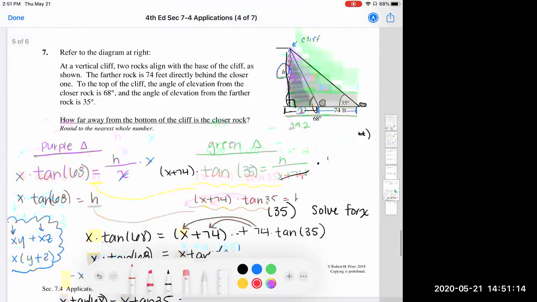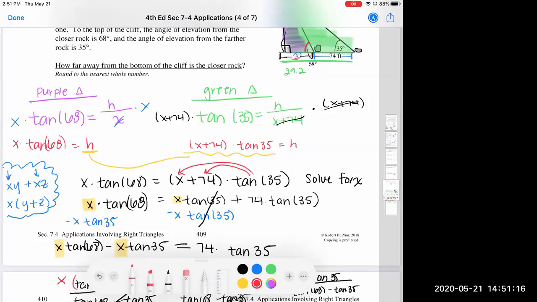We have it here. Or we can use any one of these. Tangent of 68 equals x over h. And we actually have it set up right here, right? So we can just punch in x, which is 29.2, to get the answer of h.